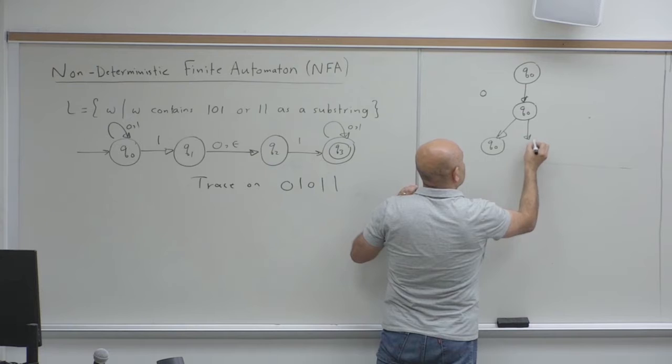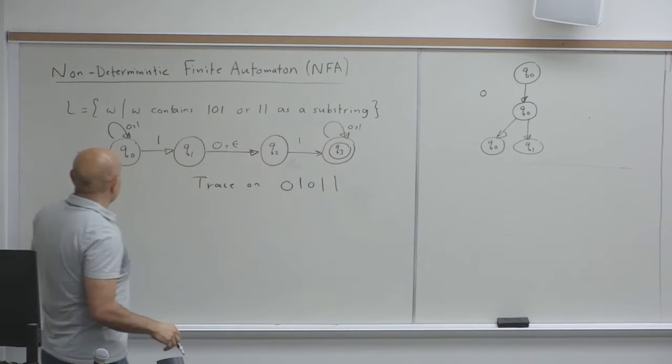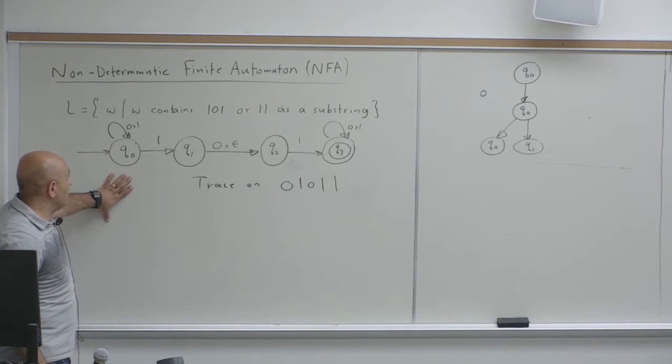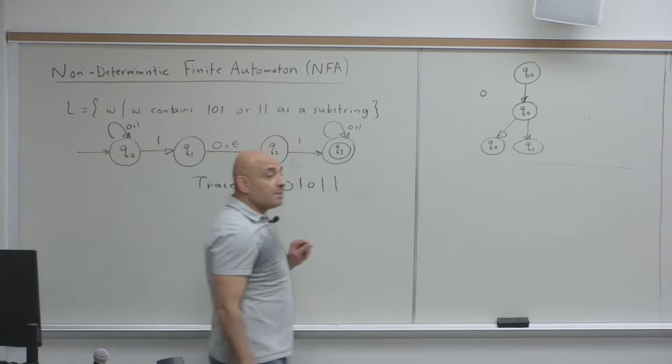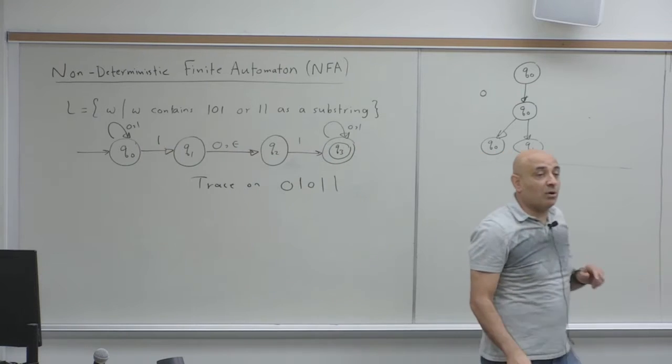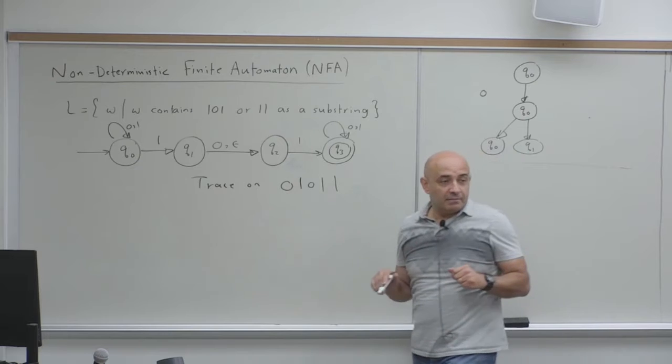In fact, there is a third option. What's the third option? Does anyone see the third option that we have? Okay, think about the epsilon transition. Epsilon transition means you can transition on nothing. Yeah, you can transition even if you get nothing.